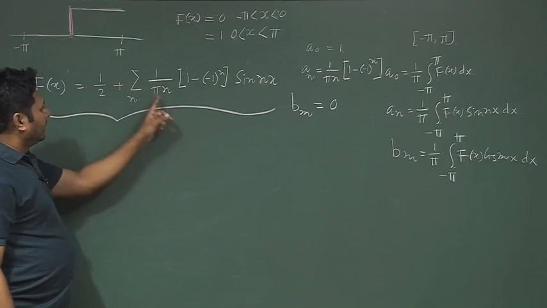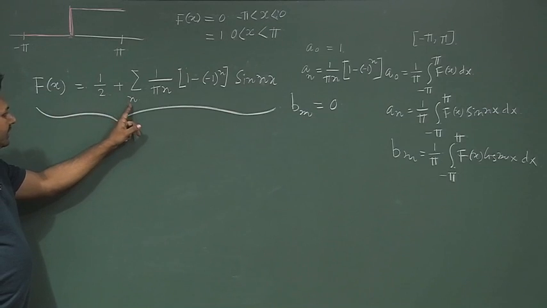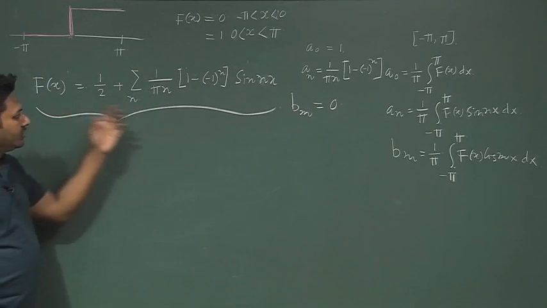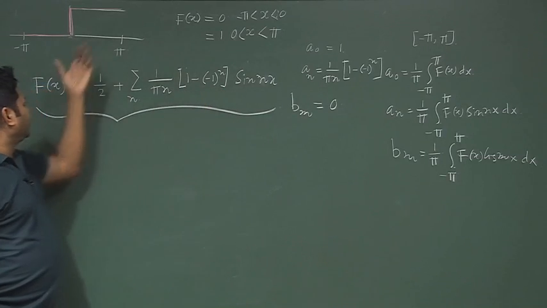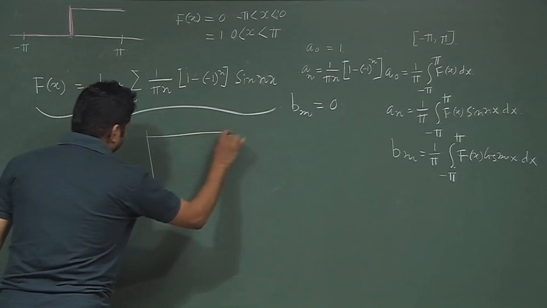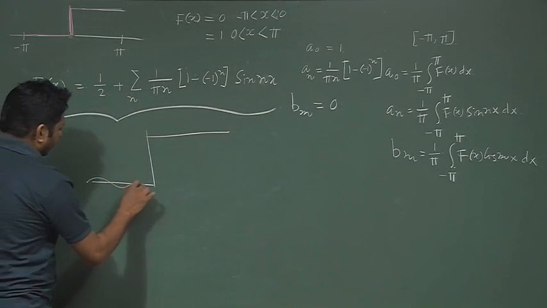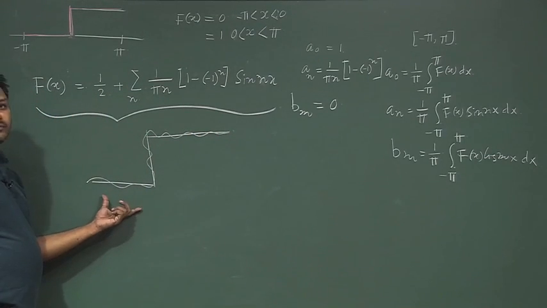But in order to accurately represent this function, this limit goes to infinity. That means I need to put an infinite number of terms here to match this function. So, you should remember that if you restrict your terms to a few, say by adding 10 terms, you will have something like this kind of function.